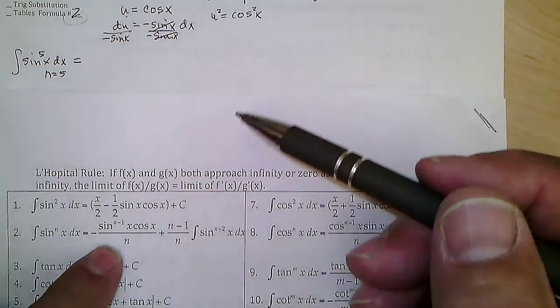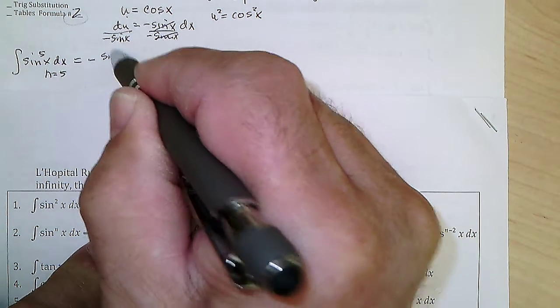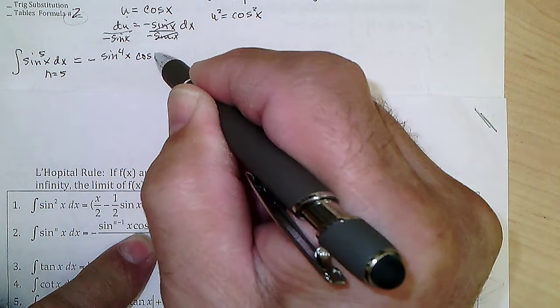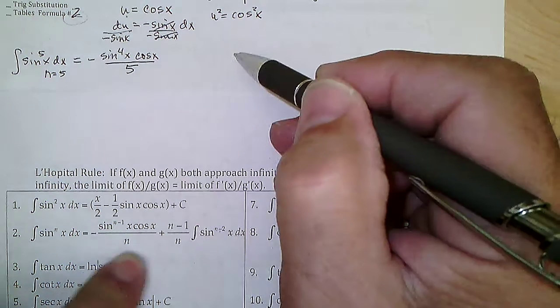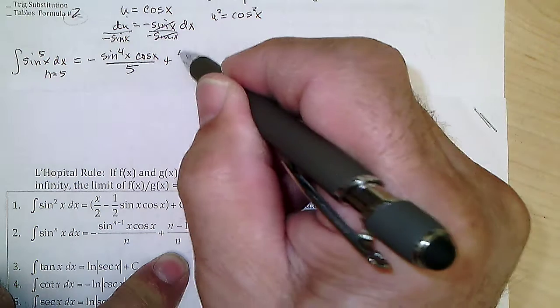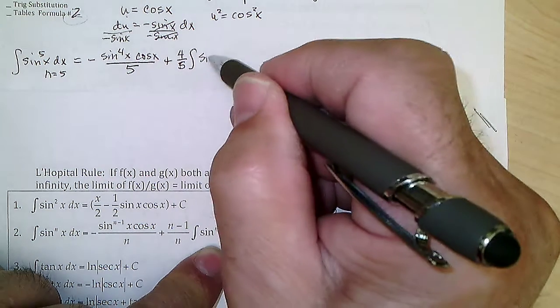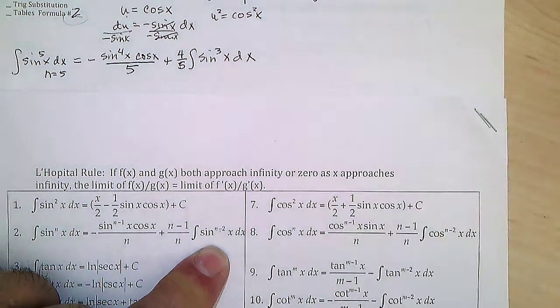So I'd have minus sine to the 4th x cosine x over 5 plus 4 over 5 integral of sine to the 3rd x dx.